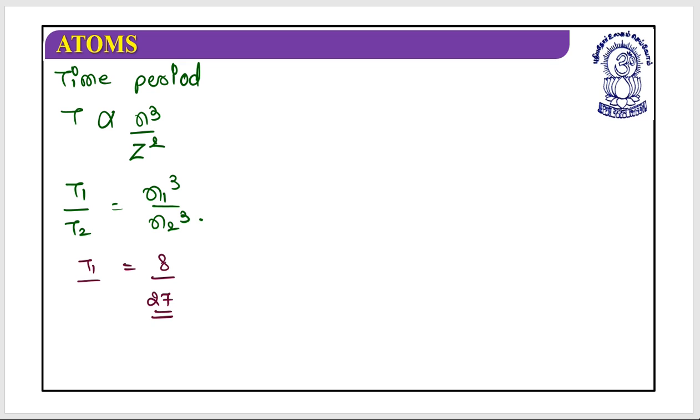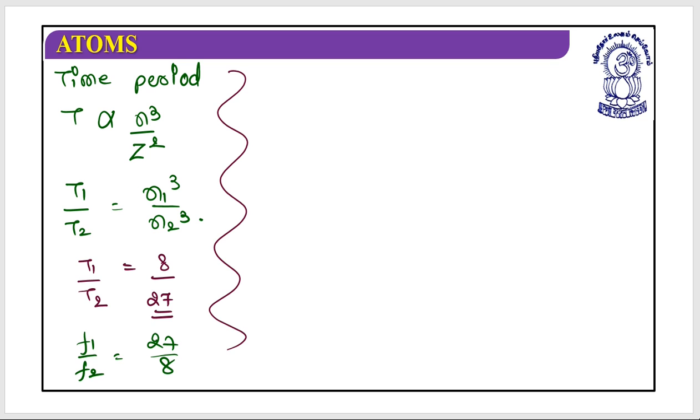So t1 is to t2 equals 8 by 27. This is the time period. Next, the frequency. It is just the inverse of this, so it is 27 is to 8. Next, energy.